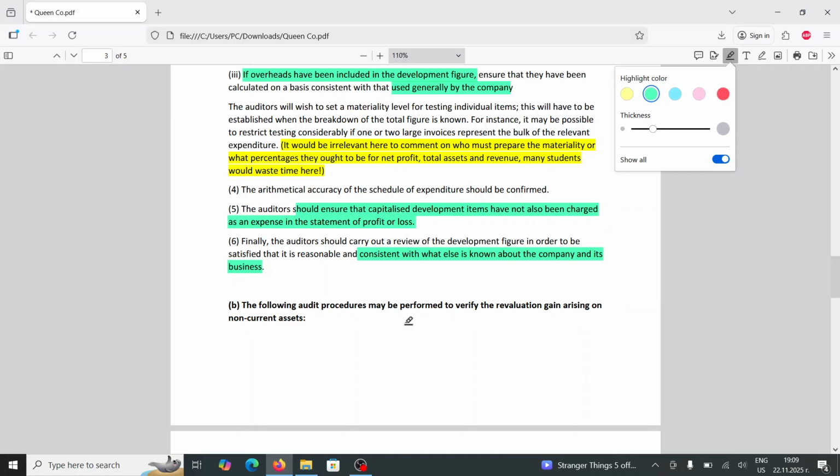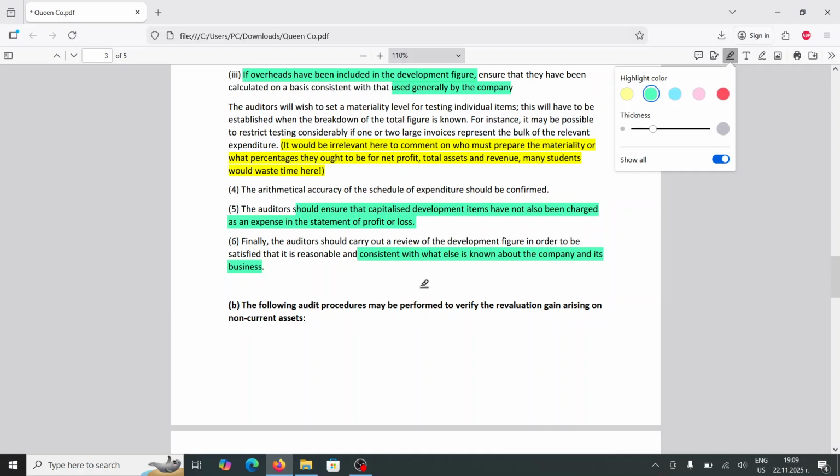Basically, the idea here is that the development cost should not be something that is obscene. For example, if a company has total assets of 10 million and the development costs are like 4 or 5 million, half of the assets, it seems suspiciously big.